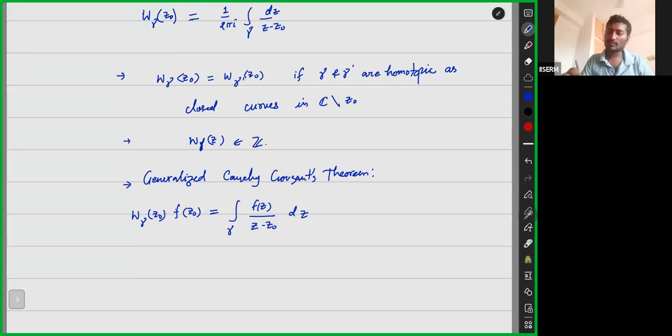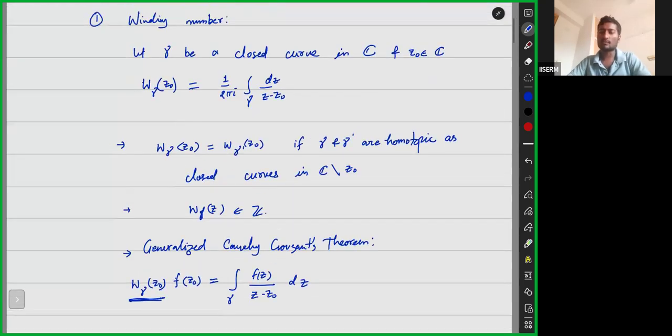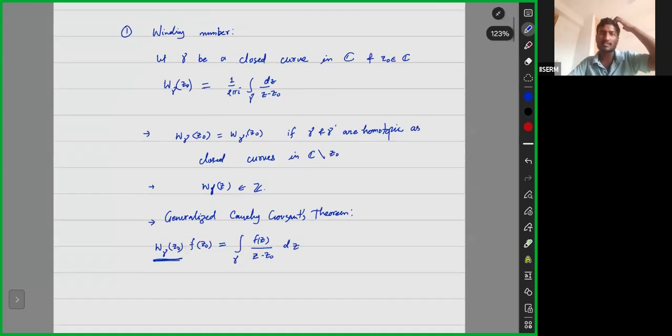Most of the time this value is one. That is why in the previous version it was not written. Most of the time we take a unit circle as the curve gamma, which has winding number one.